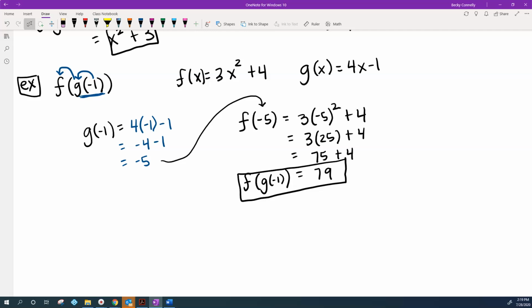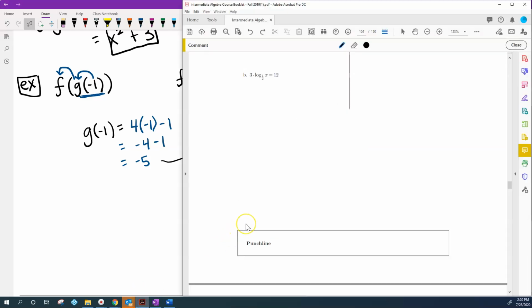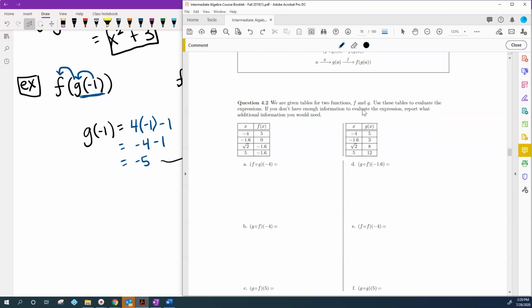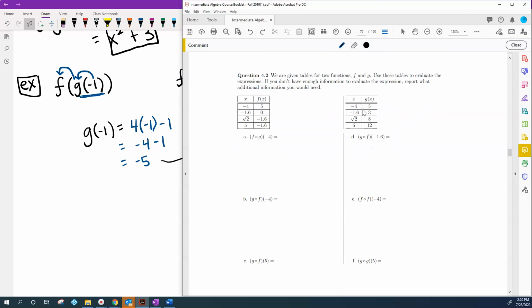All right, so one thing I want to look at also on this, because sometimes it can get a little bit confusing when you're given charts or graphs and it's asking you still to find this same kind of thing.